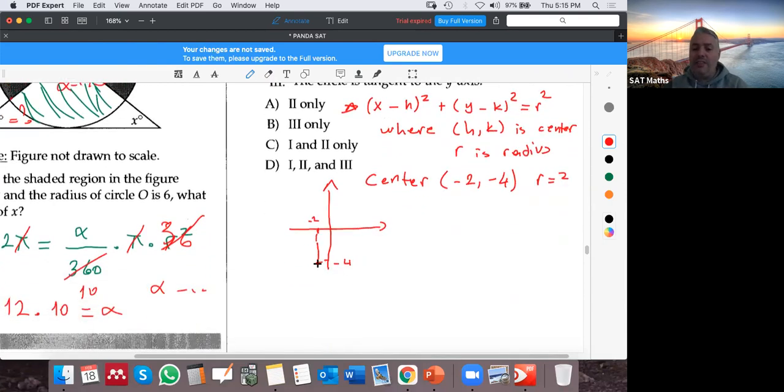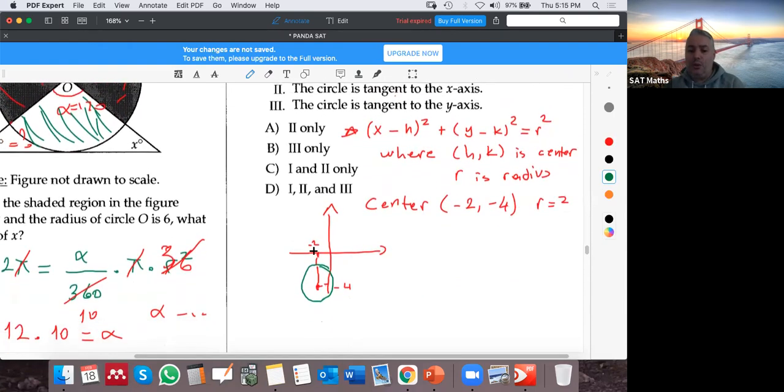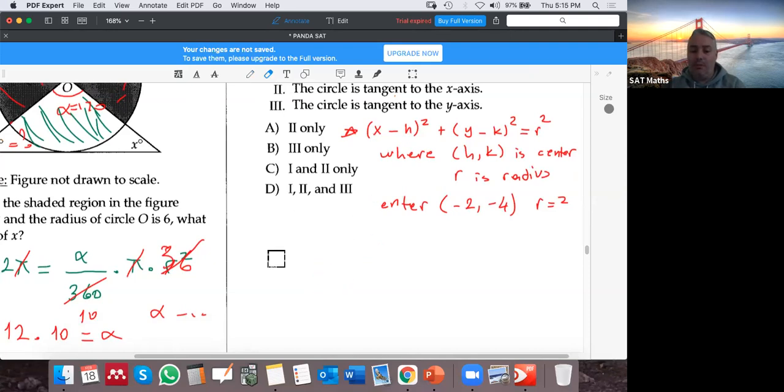Now, if this is the center, you go over it. What is the radius? Radius is 2. This distance is 2. That means the circle must be tangent, by reading this. Or let me draw better. Let me scale it.